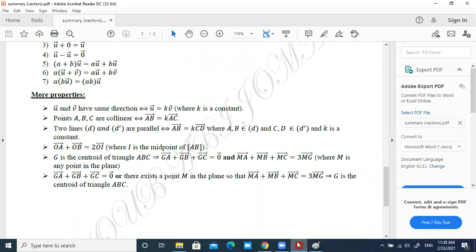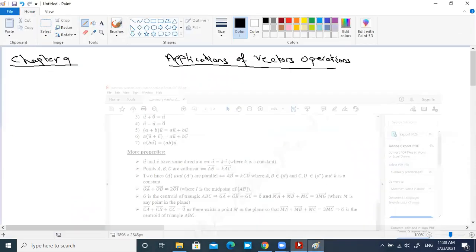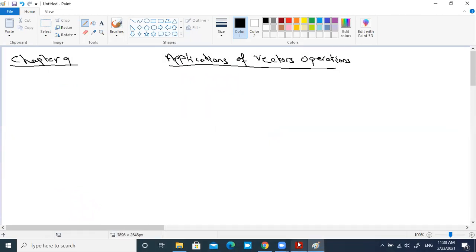Now, to start with the first one, we said from the previous lesson that two vectors u and v have the same direction if and only if what?